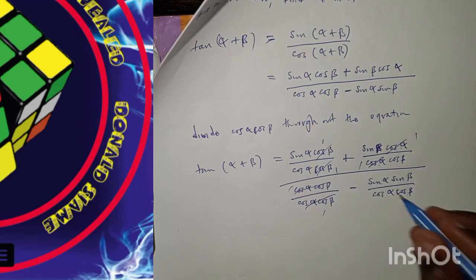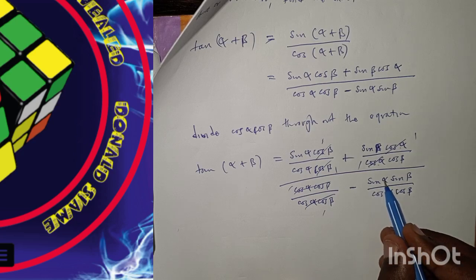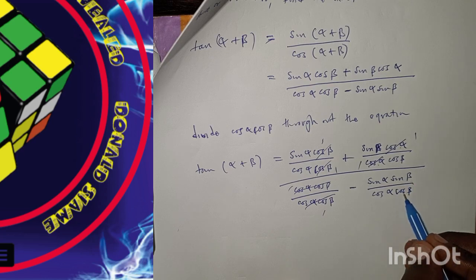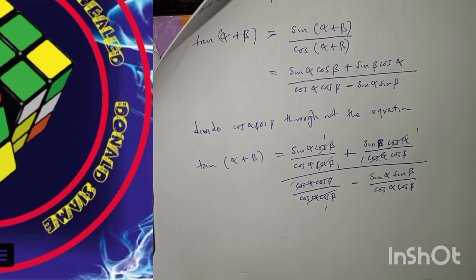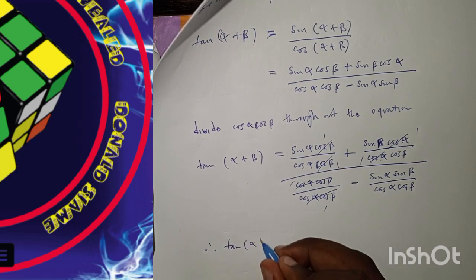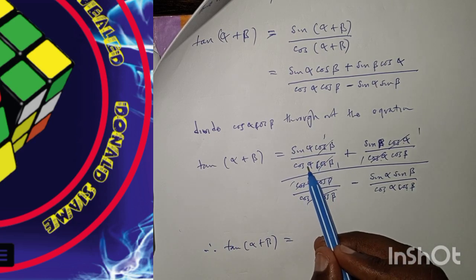Then nothing else cancels: this is sine alpha divided by cos alpha, and this is sine beta divided by cos beta. Remember that sine divided by cos is just tan. Therefore tan of alpha plus beta is equal to, here we have sine alpha divided by cos alpha.